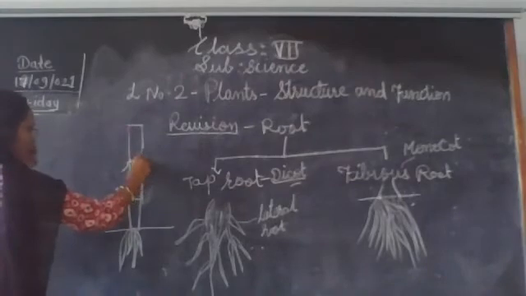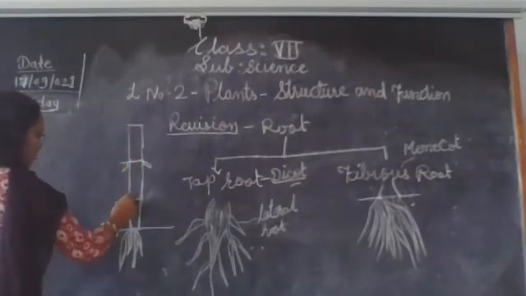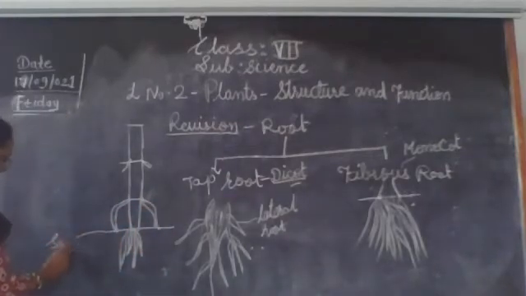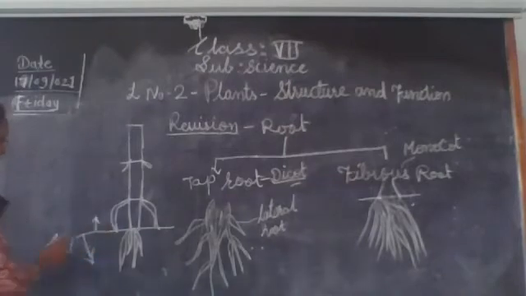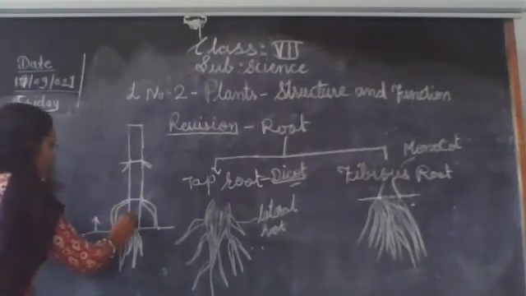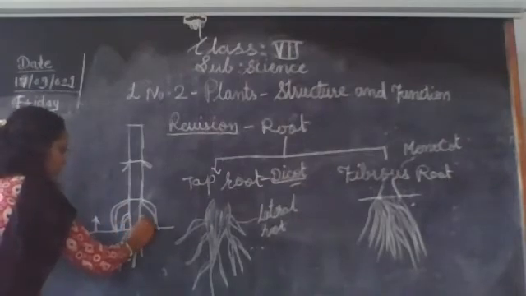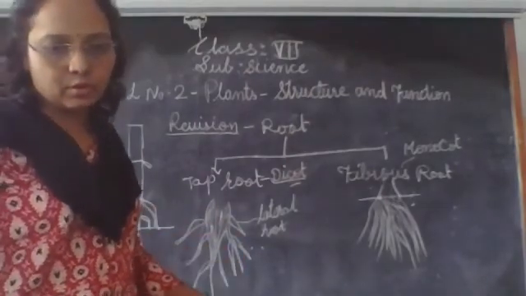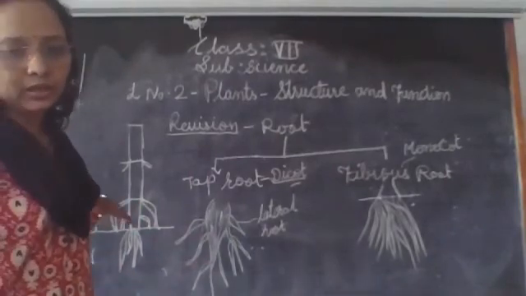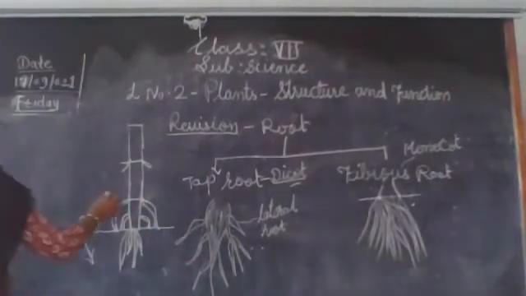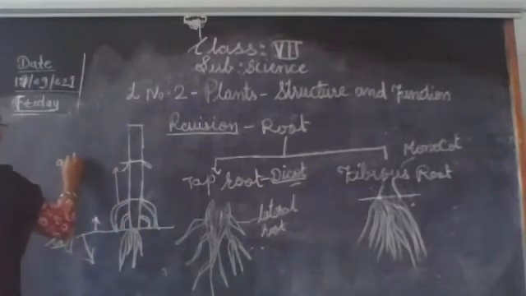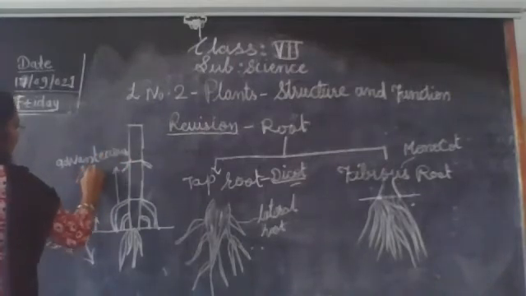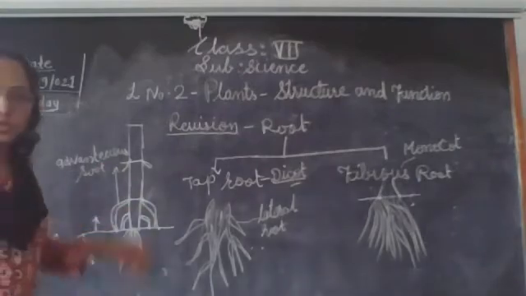So some roots come out above the soil and again go into the soil. This is soil. Below the soil are these roots, and some roots come out above the soil. Usually in sugarcane, the roots that come out above the soil are called adventitious roots, to give extra support.